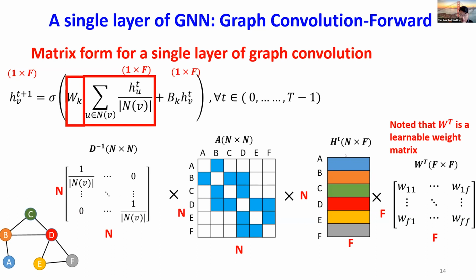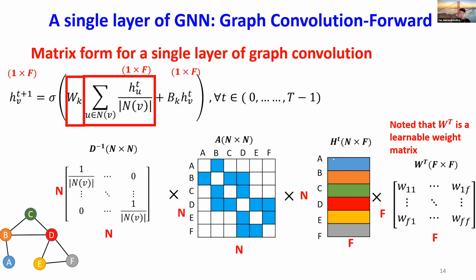Because our feature matrix has a shape of n by f, n stands for the number of nodes, and f stands for the node feature dimension. So the H matrix at every time step, or every layer of the graph convolutions, will have a shape of n by f.